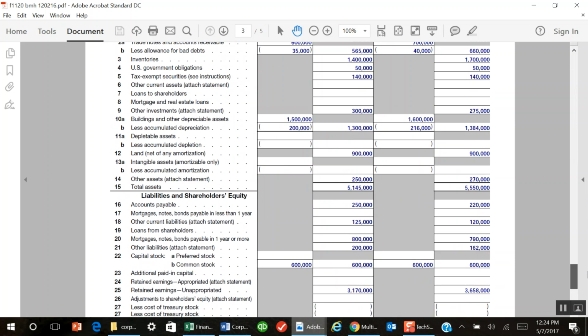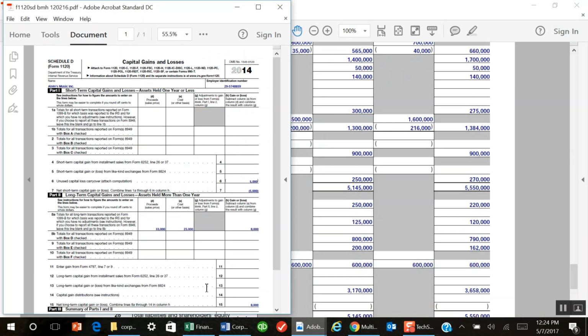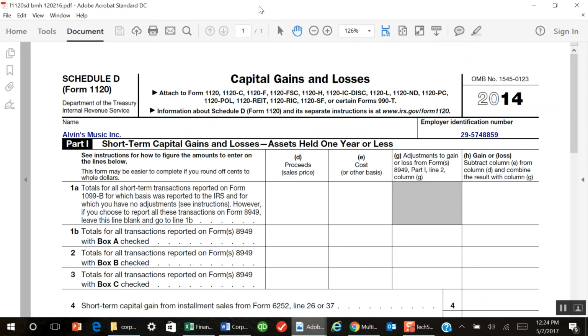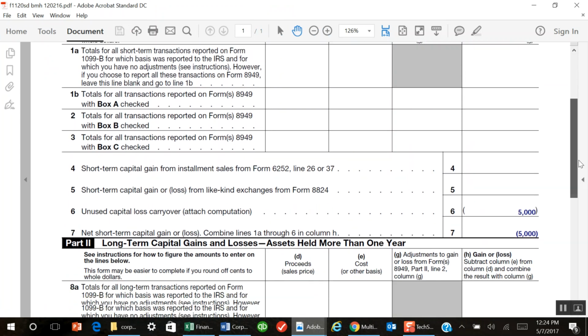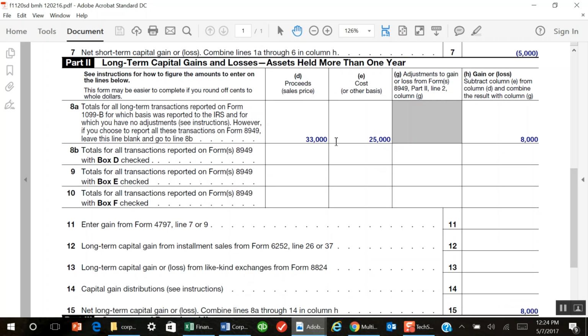All right, what else do I need to show you? Here's what Schedule D should have looked like. $5,000 capital loss carryover goes on line 6, and the capital gain from the sale of the stock goes on line 8A.